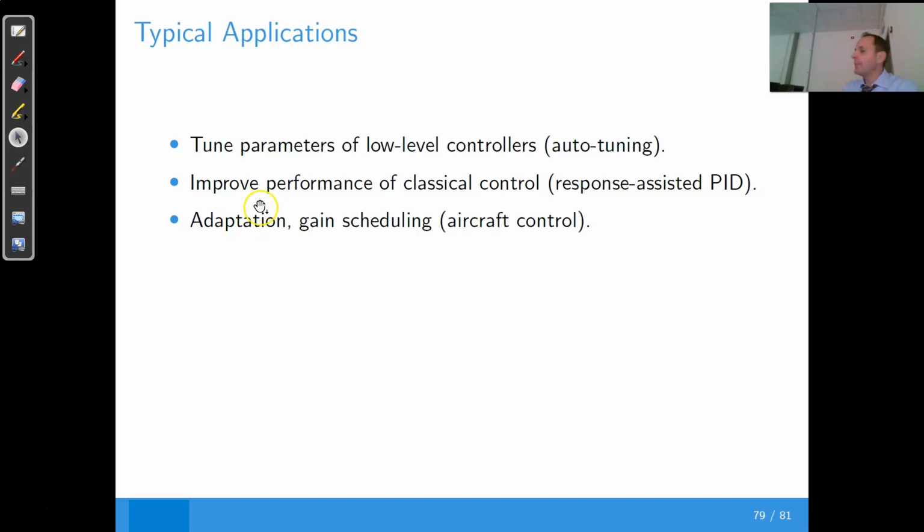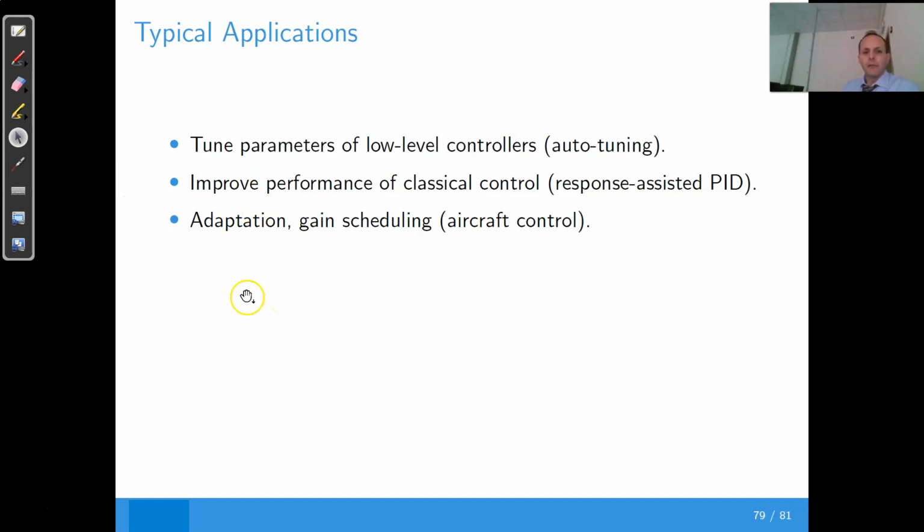And it can be used, for example, for improving the performance of classical control. For example, a PID controller, maybe for a linear system, cannot be enough, can work. So you can think of using a fuzzy supervisory control which acts on the parameters of the PID controller.